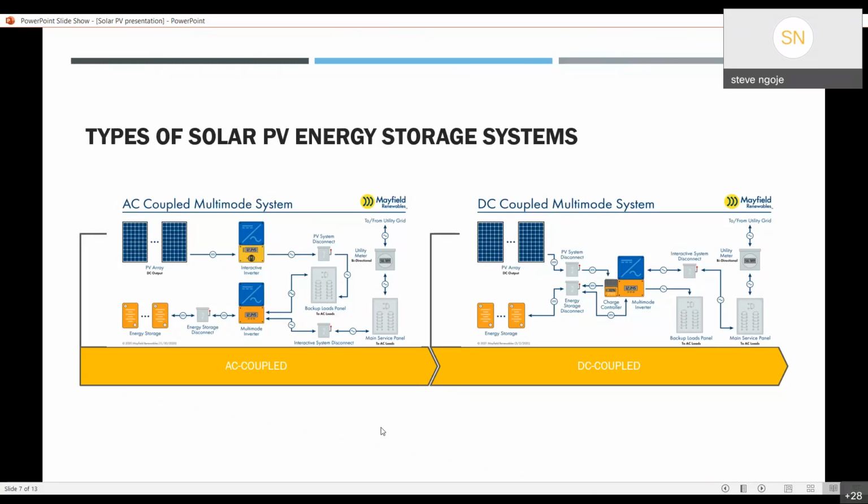But for industrial scale, those are the cases where you'll need to consider using AC coupling, for the reason that most of the AC inverters are multi-MPPT inverters. They can take in a lot of power from the PV arrays. In the other case, most of the charge controllers are limited.